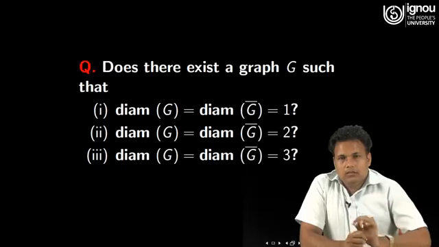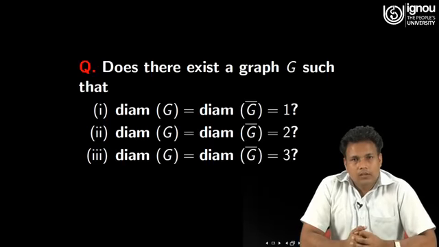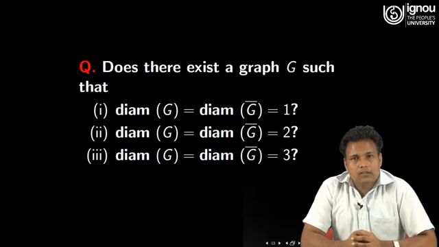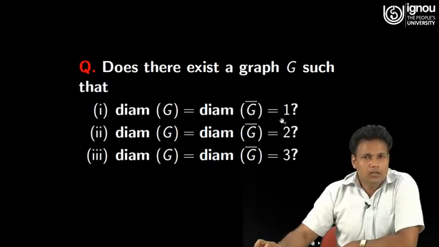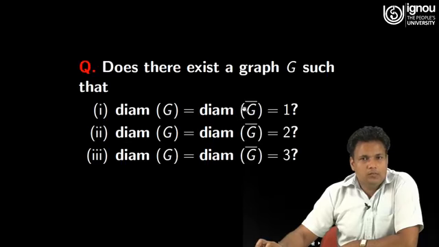Now let us look at some questions. Does there exist a graph G such that the diameter of G and G bar both equals 1, equals 2, or equals 3? So we just skip the first two parts, these are very easy. Let us look at the third part.